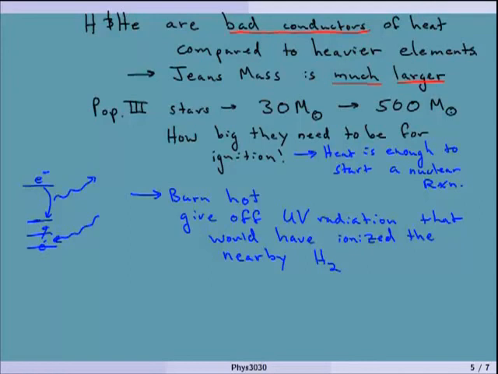Okay, these are the two different cases. Well, that's what ionization is. I hit this electron with a photon of enough energy. Boom! It knocks it off of the atom, and now I have bare protons and bare electrons around.